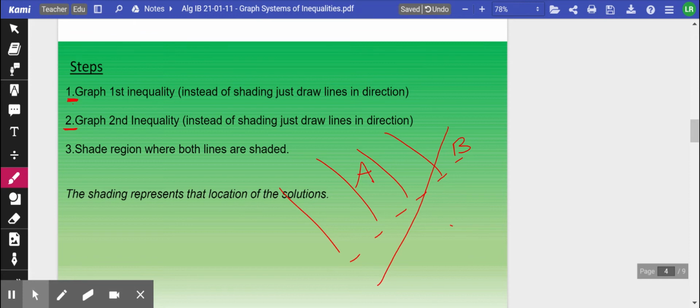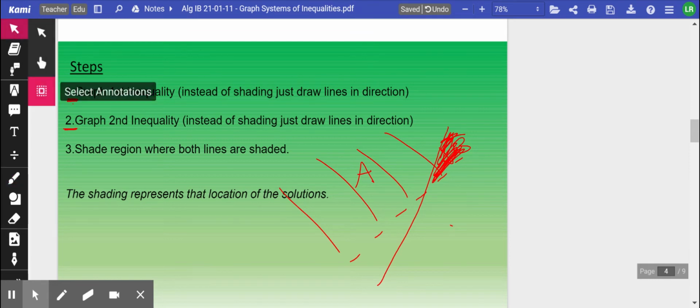You with me? Okay, so which of these would be considered below the solid line, A or B? If I draw an arrow down, this would be where they both are shaded. You're going to see that happen in these examples here. So no stress if that's not making perfect sense yet.